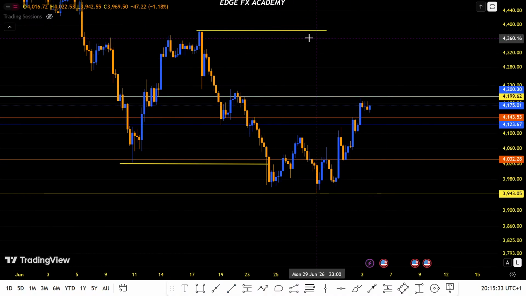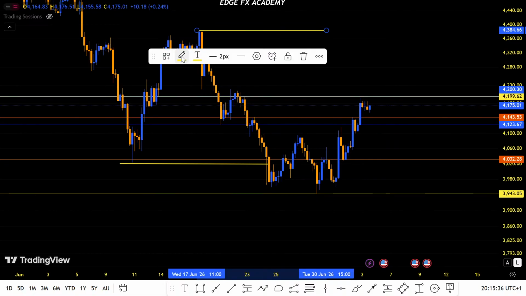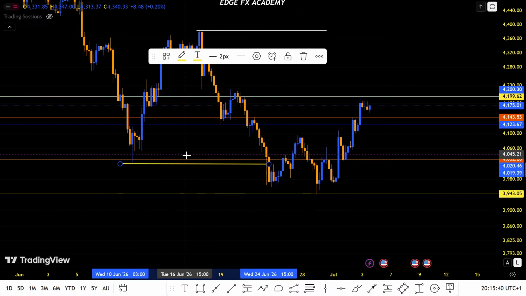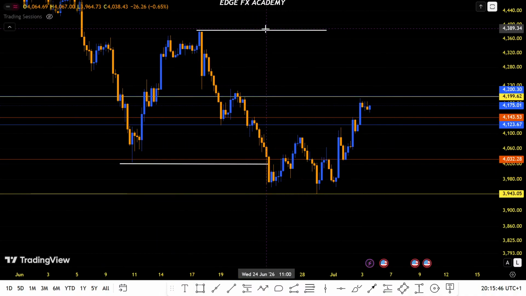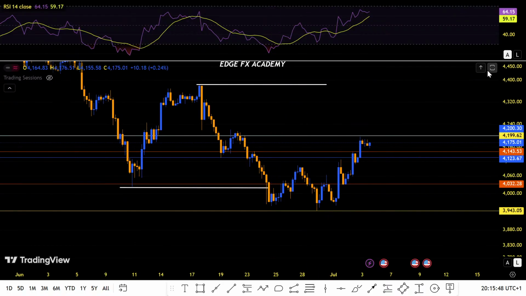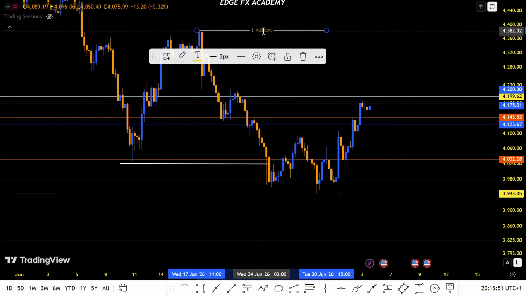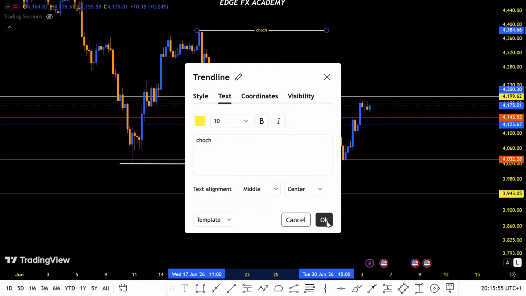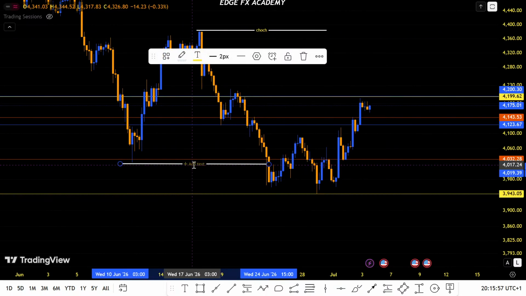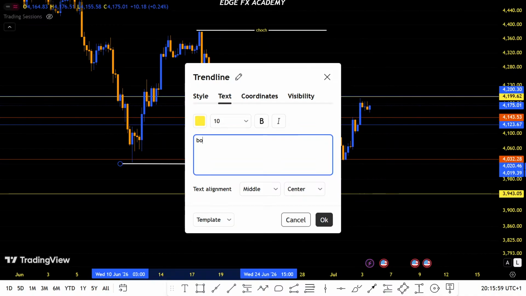I need to change this to my usual color. So like I said, this happened to be the last change of character. I'll put it there. And this one happened to be the last break of structure. I put it there.